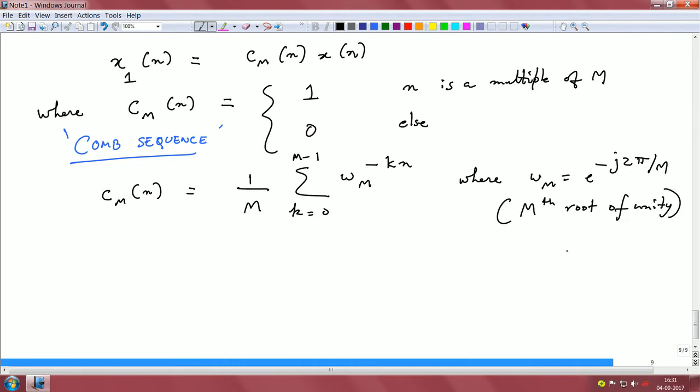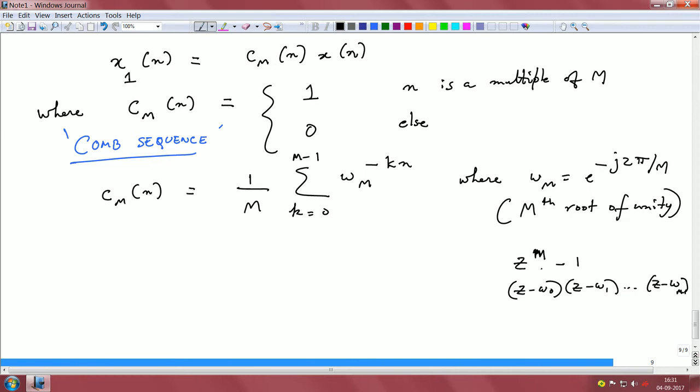Why? Basically if you think about the equation z power m minus 1, this equation is z minus omega naught, z minus omega 1, dot dot dot, z minus omega m minus 1, we have m roots here.